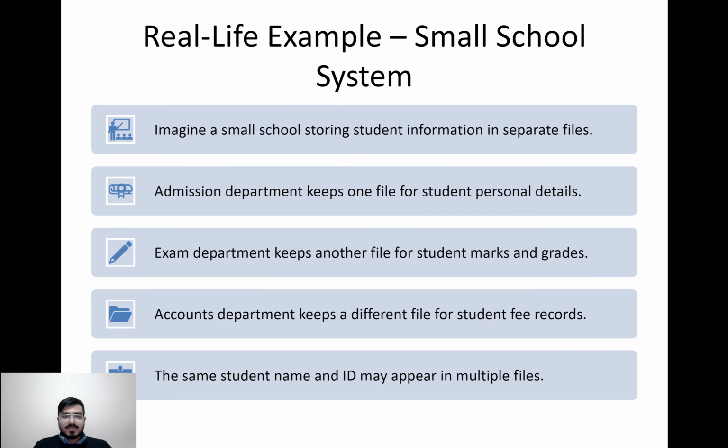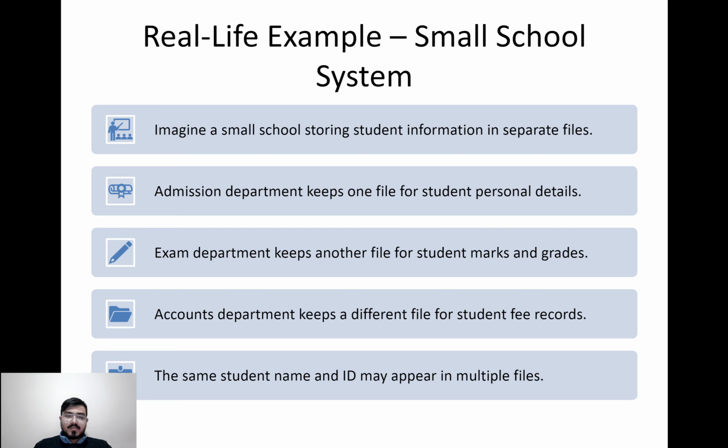So let's see some real life example. Let's understand it using a simple real life example, a small school system. Imagine a small school storing student information in separate files. The admission department keeps one file for student personal details. The exam department keeps another file for student marks and grades.